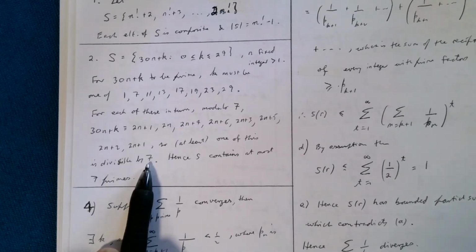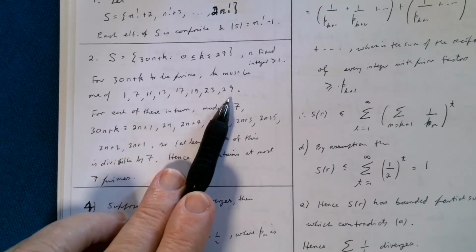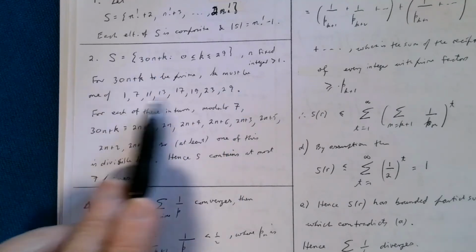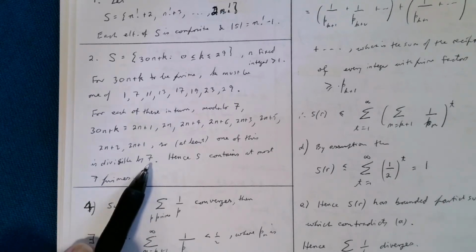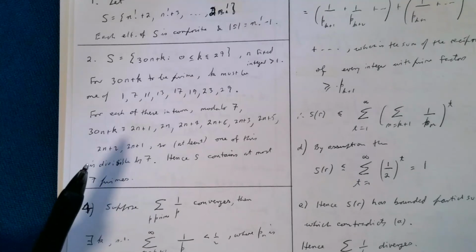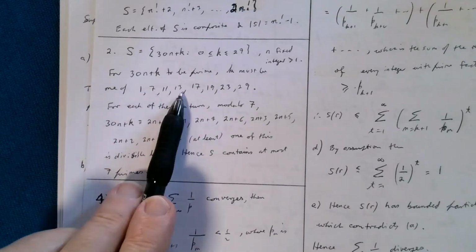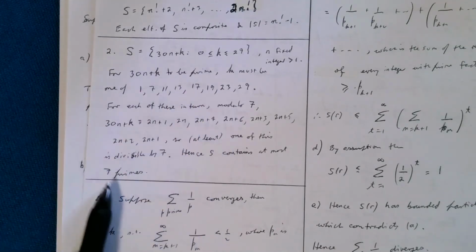So out of the 8 possible cases we had here, one of the numbers for one of these values of k must be divisible by 7. You started with 8 possibilities and one of the numbers is not going to be prime, so you've only got 7 possibilities left. So S contains at most 7 primes.